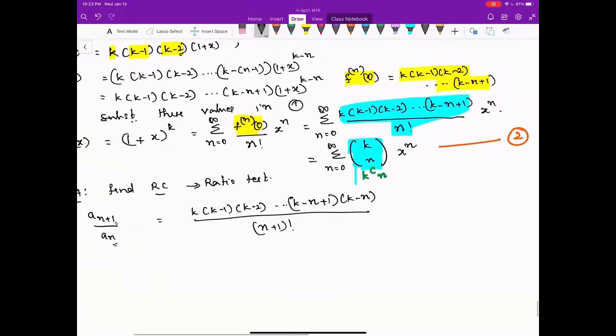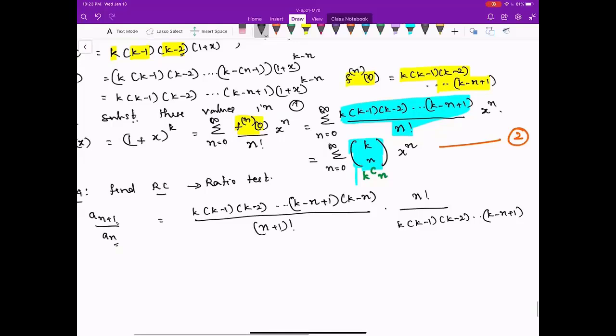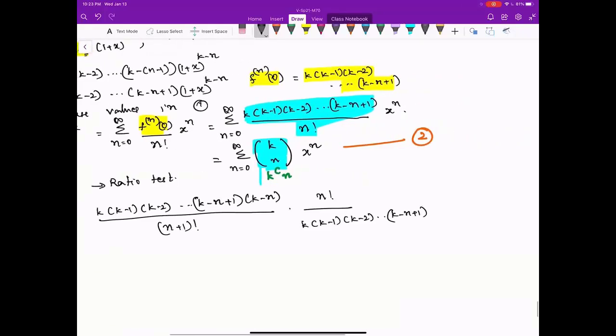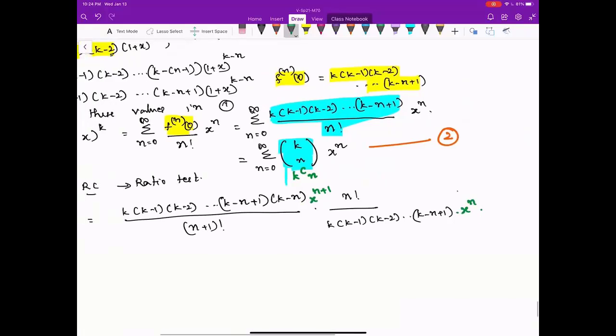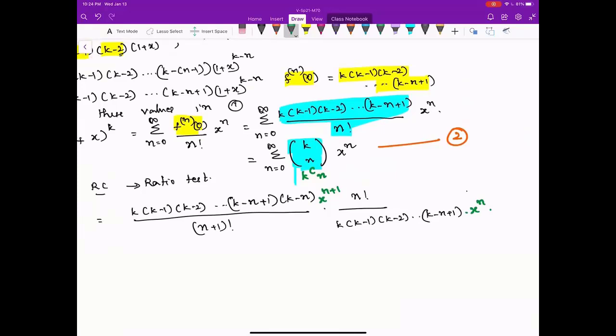Then I'm going to divide that by a(n). So flip and multiply by factorial n divided by k, k minus 1, k minus 2, up to k minus n plus 1. And then we have x to the power of n plus 1 over here, and over here x to the power n. So some of the terms are going to get cancelled out.